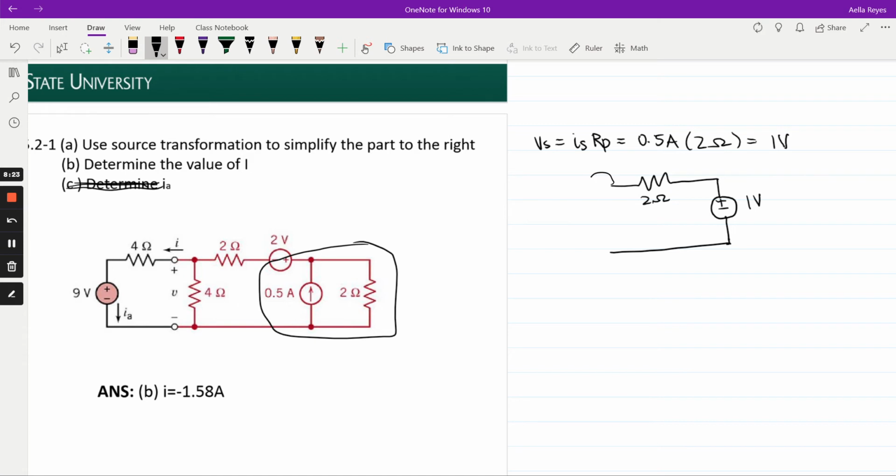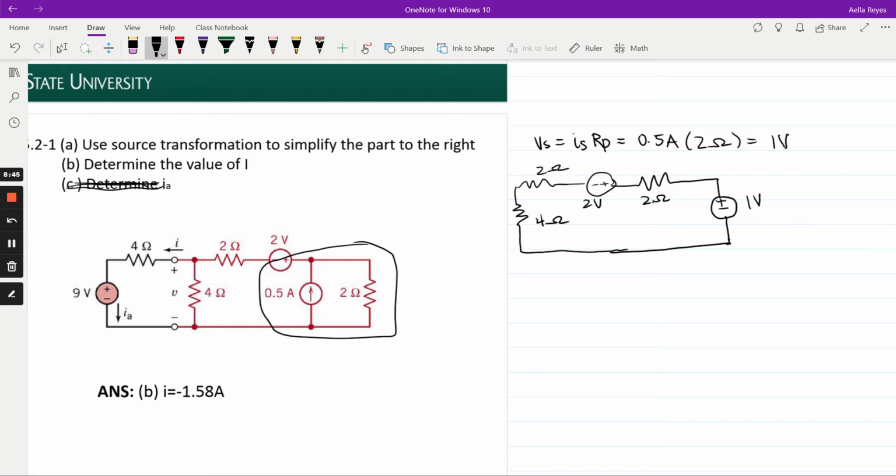And that's in parallel, or I'm sorry, series with these. So that is 2 volts. This is 2 amps. This is 4 amps.